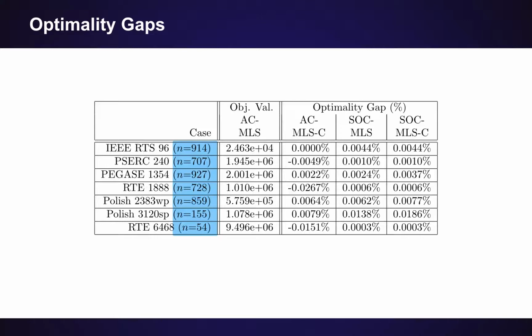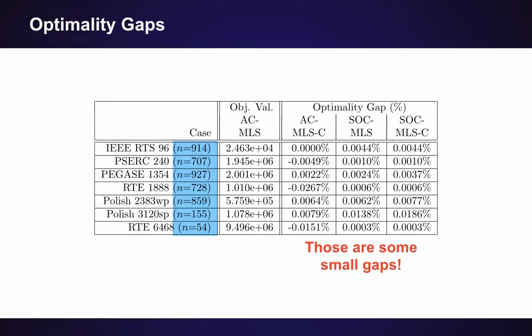The reason for that is to measure the optimality gap, we need a mixed integer AC feasible solution. And as the problem gets bigger, our Bonmin becomes weaker and weaker for providing feasible solutions. So then we can't measure the gap. But we take the set that we have a feasible solution for and we measure the gap.